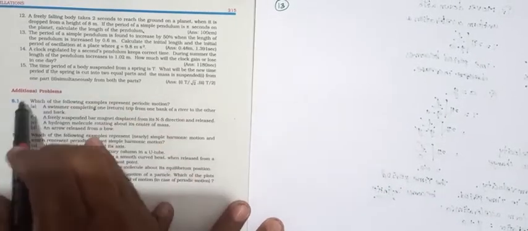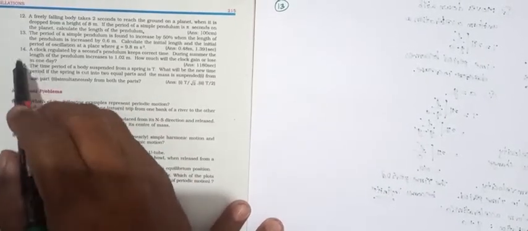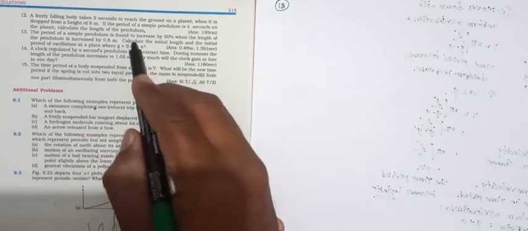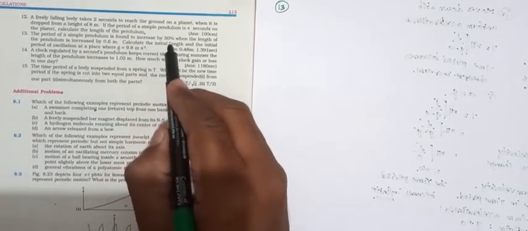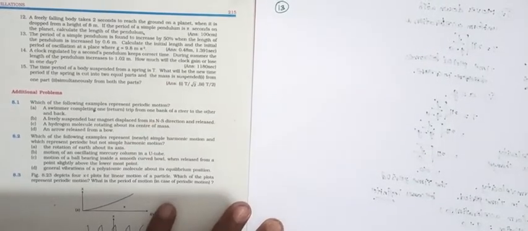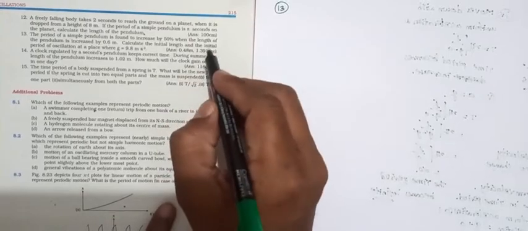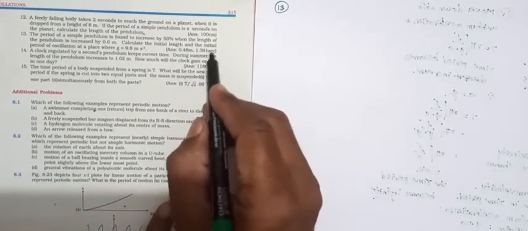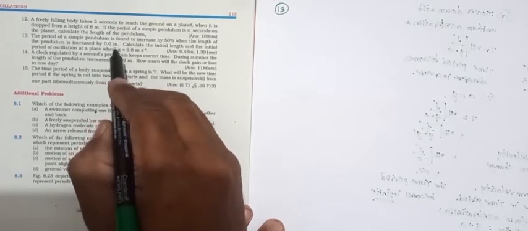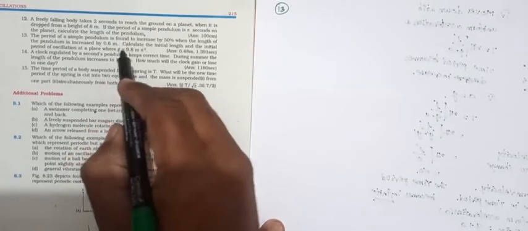Okay, now we will discuss question number 13. The period of a simple pendulum is found to increase by 50% when the length of the pendulum is increased by 0.6 meters.